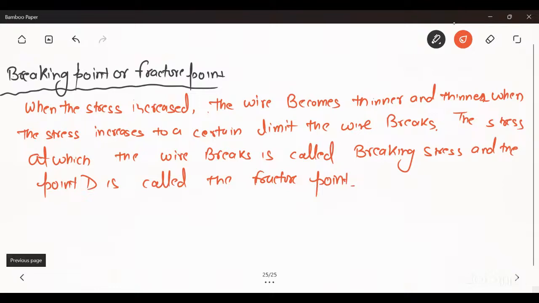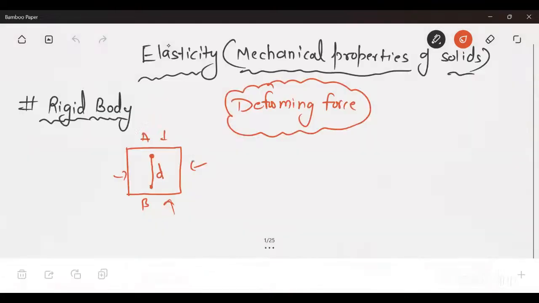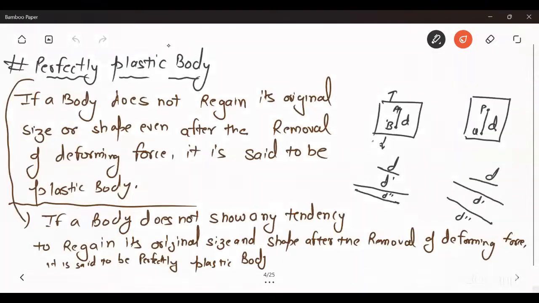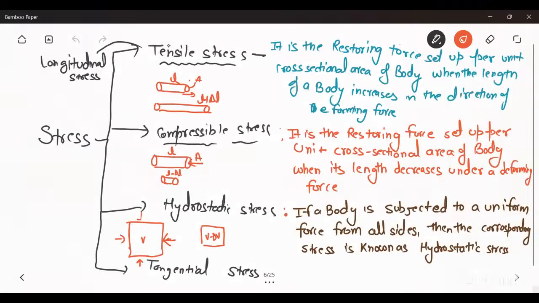All we have discussed about the elasticity, what is elasticity, what is the rigid body, what is deforming force, and next we have discussed in this chapter perfect elastic body, plastic body, perfectly elastic body, perfectly plastic body. Next is formula of stress, formula of strain, types of stress, tensile stress, compressible stress, hydrostatic stress, tangential stress.